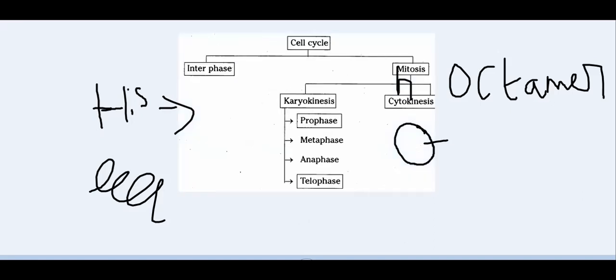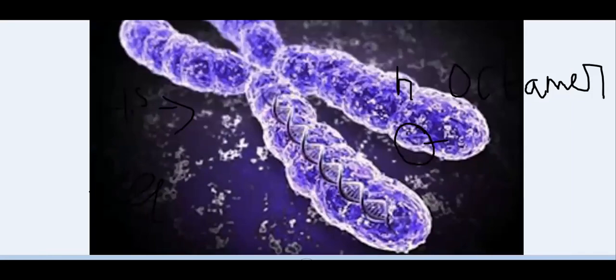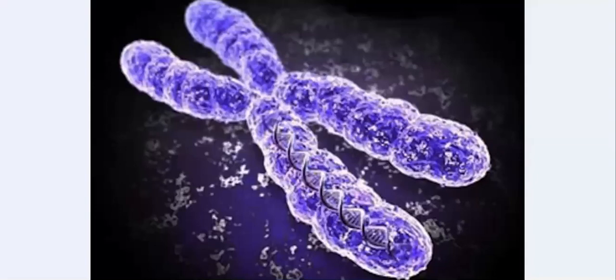So let us look at the structure of chromosomes. Each chromosome in its condensed form, visible during the start of cell division, consists of two sister chromatids joined at one point along the length. This point of attachment is called the centromere.